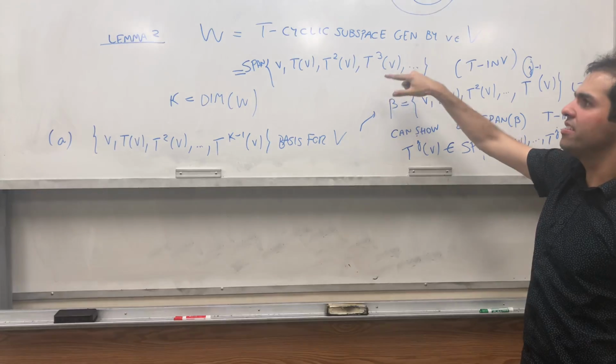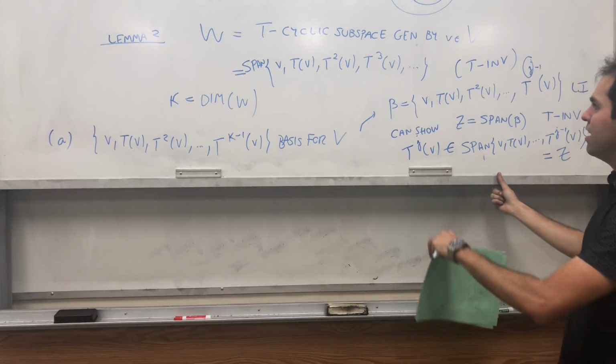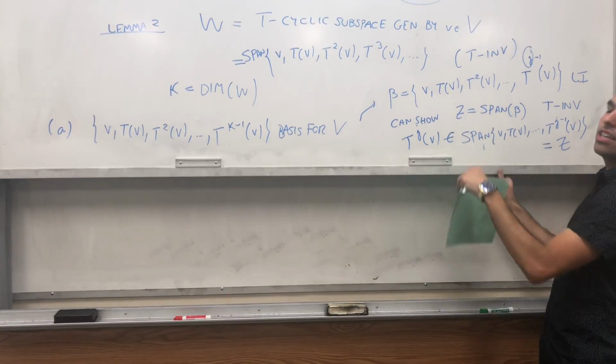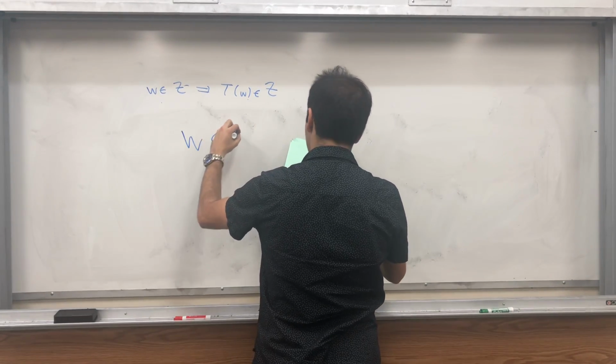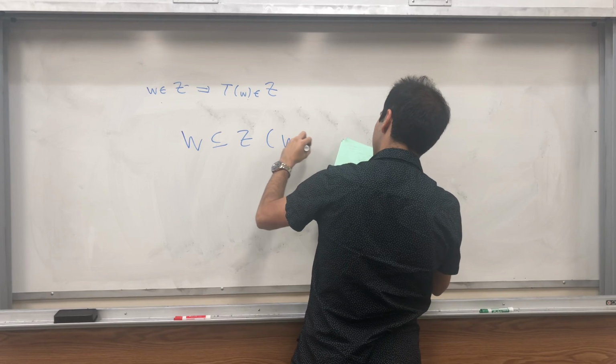Because W is the smallest one, W is included in Z.